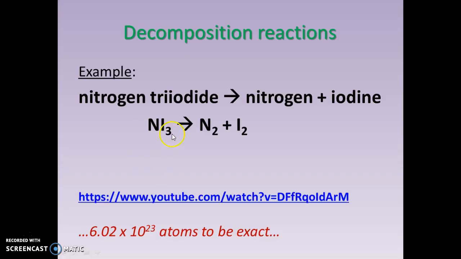But you could see this by looking at those puzzle pieces. This is a covalently bonded compound. Got nitrogen with 5 valence electrons, 3 places to bond, iodine with 7 valence electrons, 1 place to bond. So 3 of those iodines are going to take one of those nitrogens. So anyway, just some extra info there.